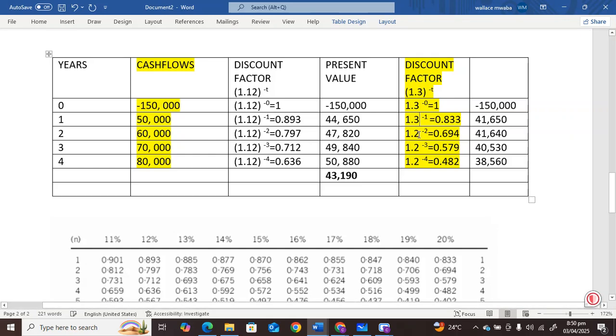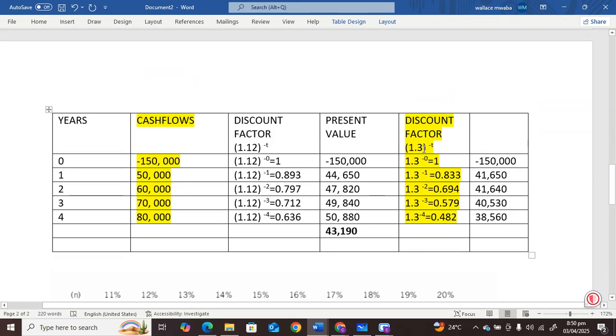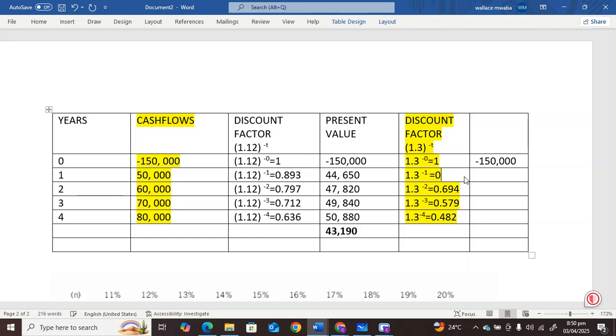Now, the only problem is 30% is not on the tables, so we'll need to tabulate these manually. Okay, so 30% is 0.3. 1 plus 0.3, 1.3. So we remove these values.